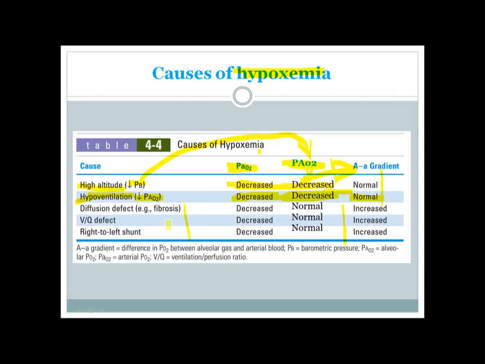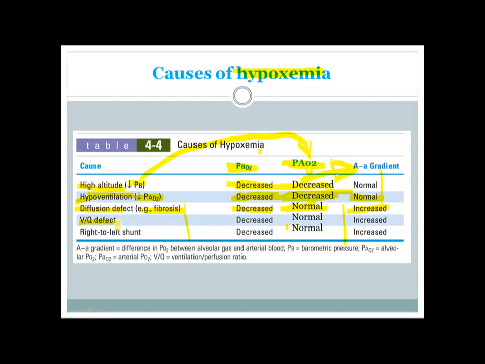But in situations like diffusion defect, like fibrosis, the partial pressure of oxygen in the alveolus is normal, but as the oxygen from the alveoli cannot really penetrate the alveolar membrane well, the partial pressure of oxygen in the artery actually decreases. So you can see there is a big gap now between alveoli and the arteries, leading to an increased A gradient.